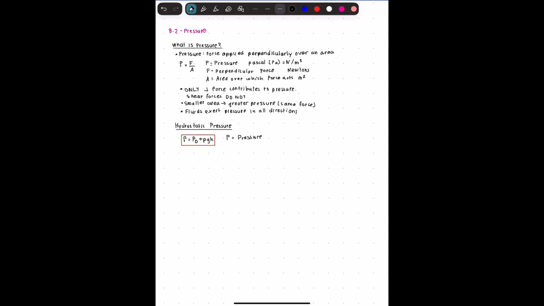P0 stands for pressure at the fluid's surface, often at atmospheric pressure. The small ρ stands for the density of the fluid, and g is the gravitational constant, 9.8 meters per second squared.